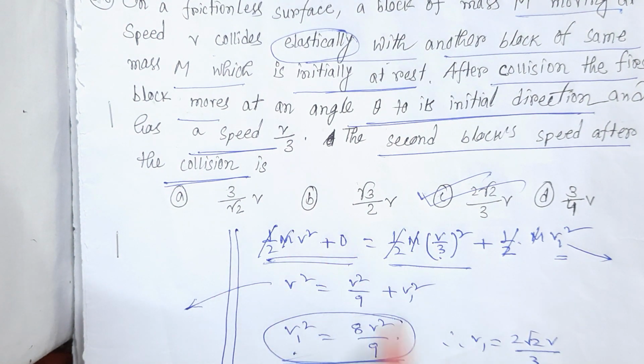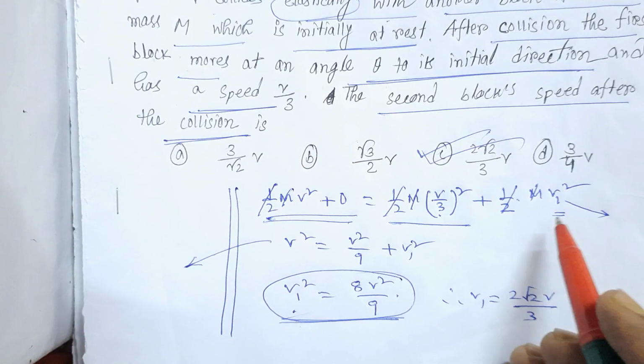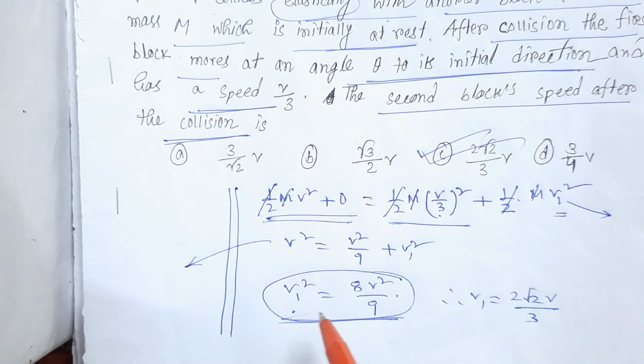So only one equation was needed to calculate v1 in terms of v. In this case, it is easier to apply the kinetic energy conservation law, because kinetic energy is a scalar quantity, so we do not have to consider the direction of motion here. So it will give an easy solution to the problem.